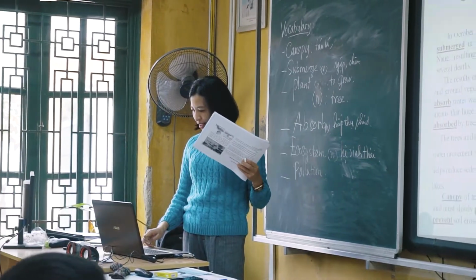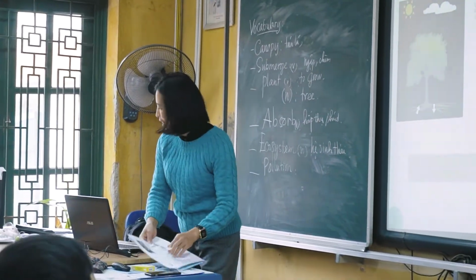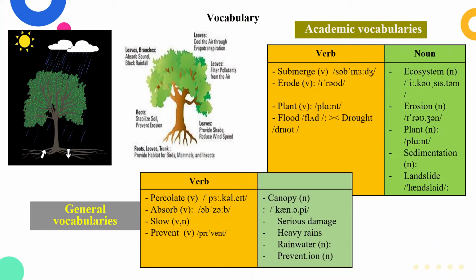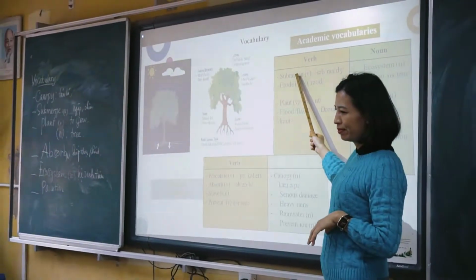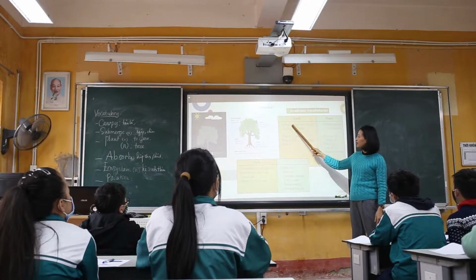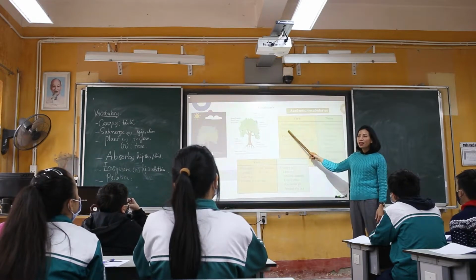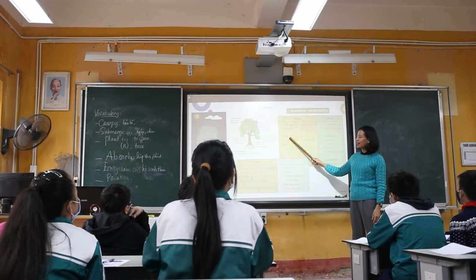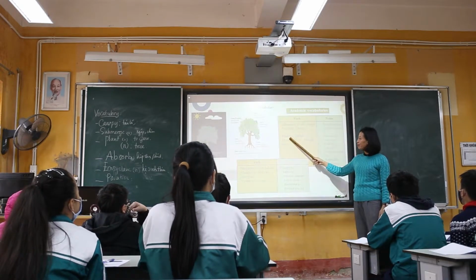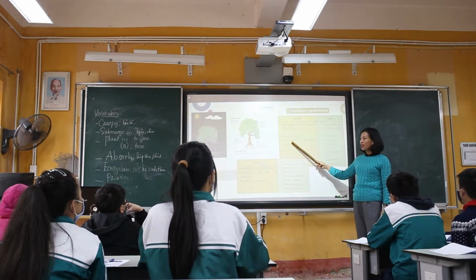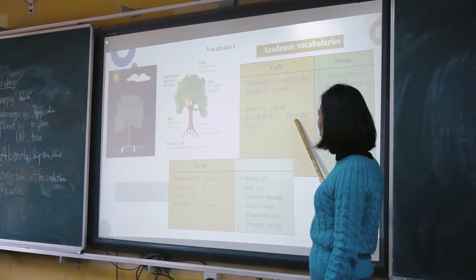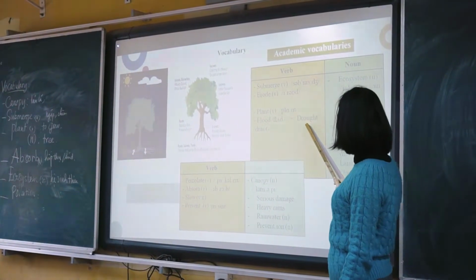And look at it. We can divide many new words into two groups, a general vocabulary and academic vocabulary. Repeat after me. Submerge. Erode. Plant. Drought.